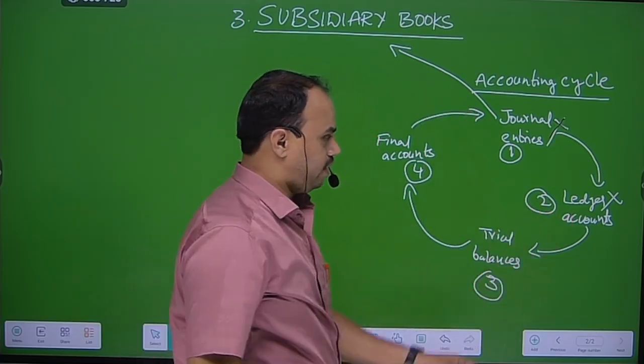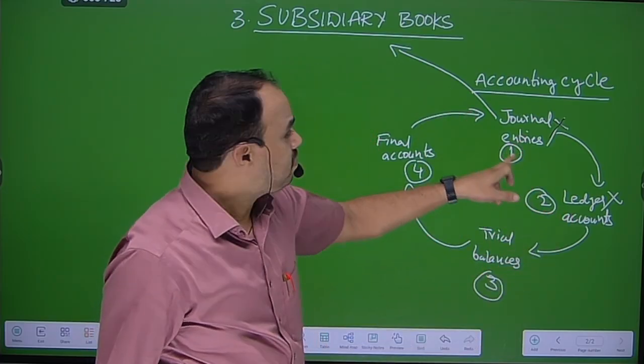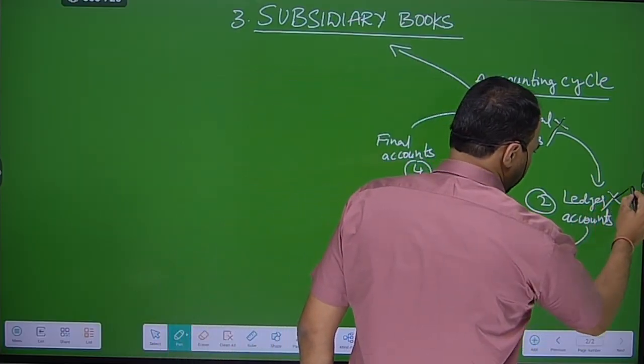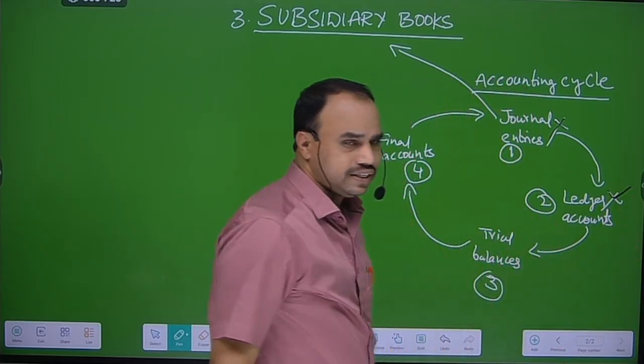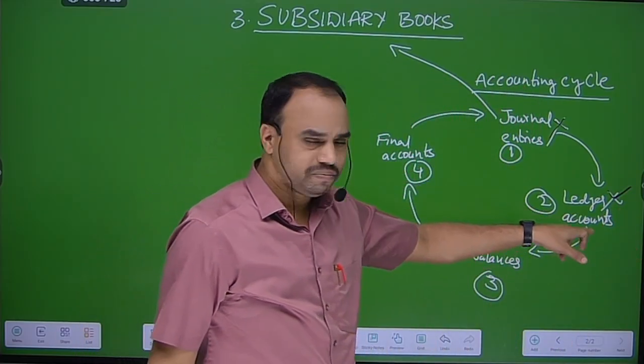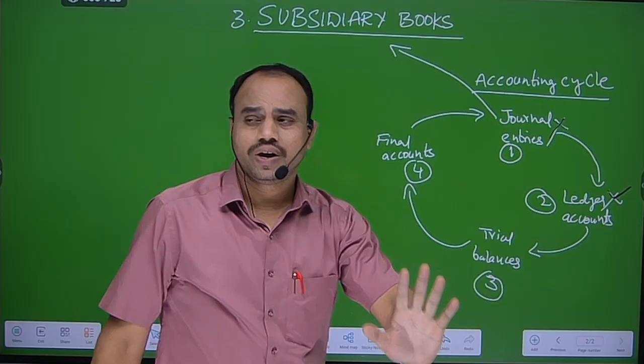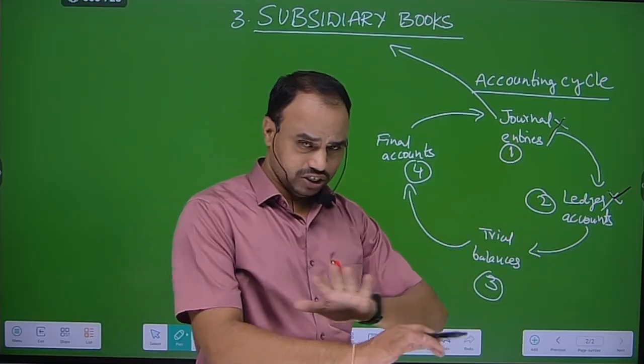You have to remember this point. Ledger accounts are prepared by everyone, large and small organizations, but journal entries are prepared only by small organizations.